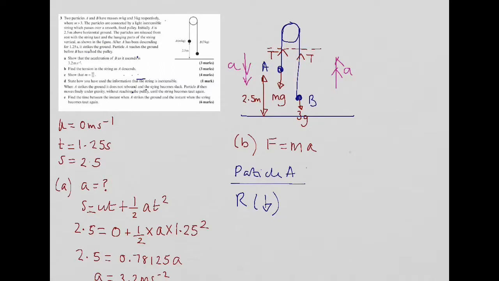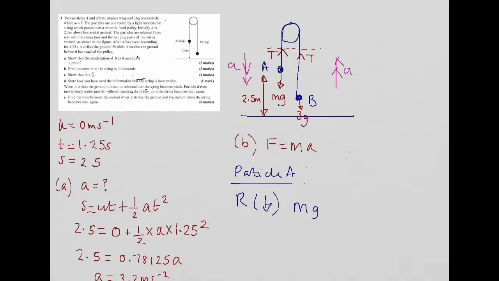So if I look at particle A, and I'm just going to point to it so that you're clear where we're looking at. So we're just looking at this here, and we're looking at these forces. Then the forces acting down in the direction of motion are mg.